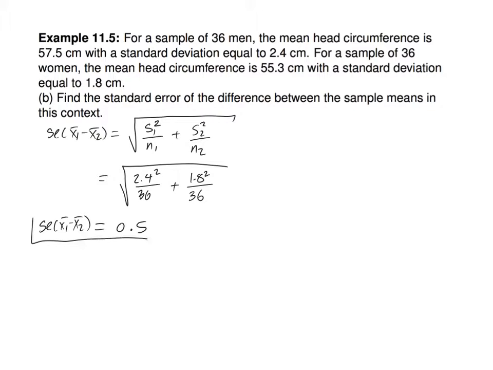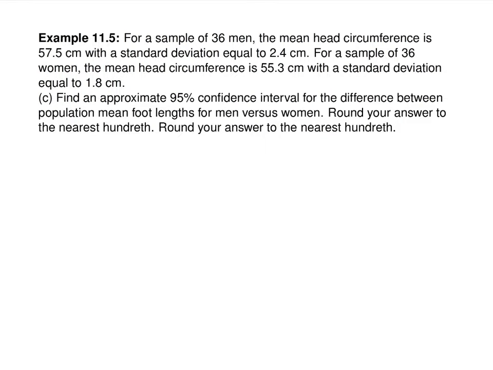Yeah, okay. Awesome. So now because we didn't pool these things together, when you talk about your degrees of freedom for the next one, what are you going to have to use? The smaller of the two sample sizes minus one. In this case, both samples were 36, so your degrees of freedom will be how much? 35.